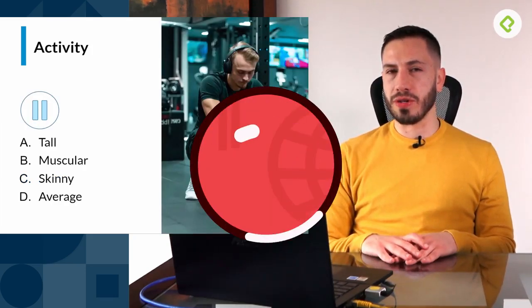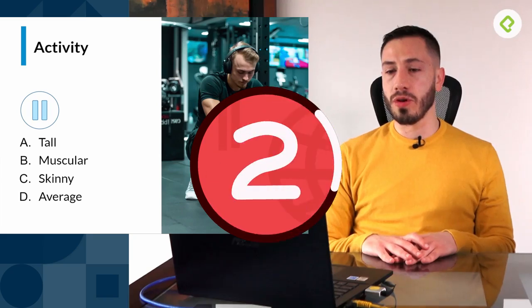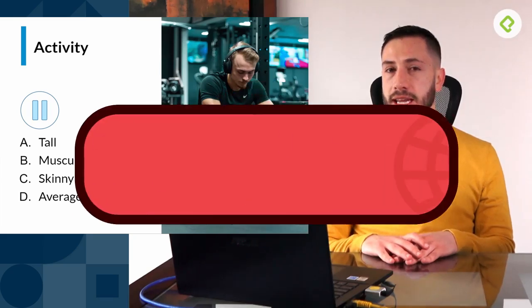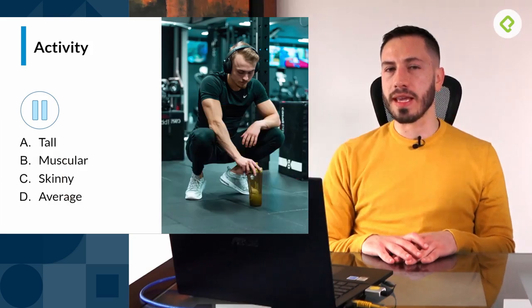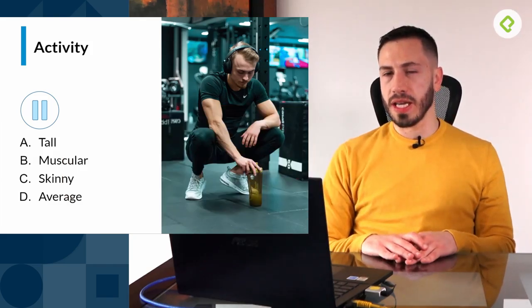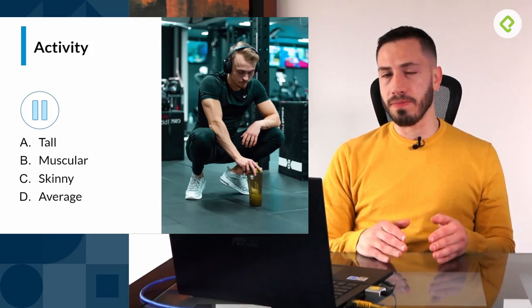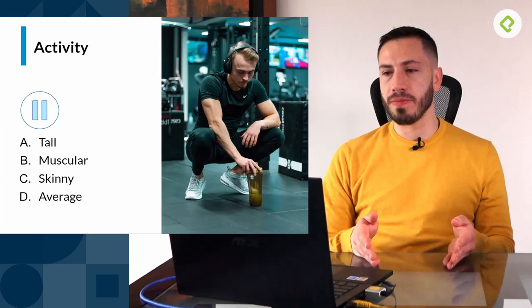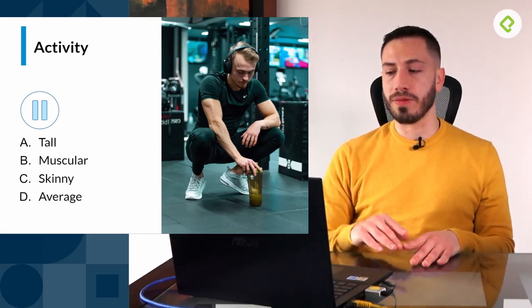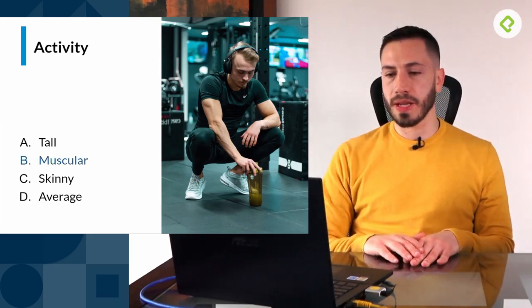The man in the picture, you would say, is tall, muscular, skinny, or average? I actually think he's in a gym, right? So I would say he's muscular. If you thought the answer was tall, maybe you're right too. We just don't know because he's kneeling down. But he's definitely muscular. There you go.